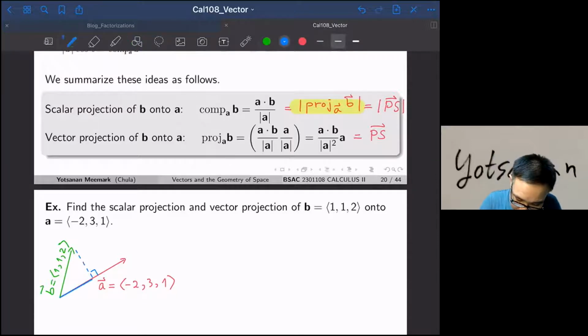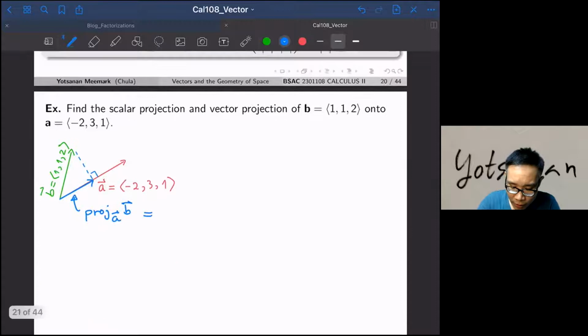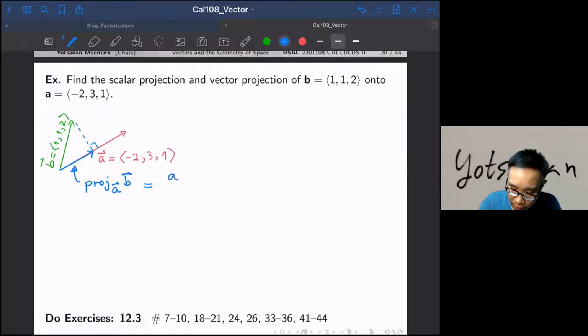This is what is called the projection of B onto vector A. So you just apply the formula: A dot B over norm A squared, and you multiply everything with A.